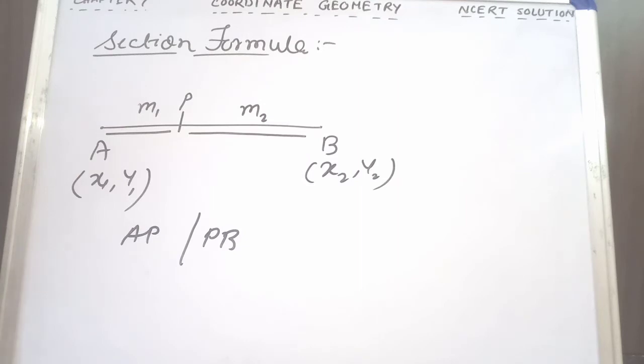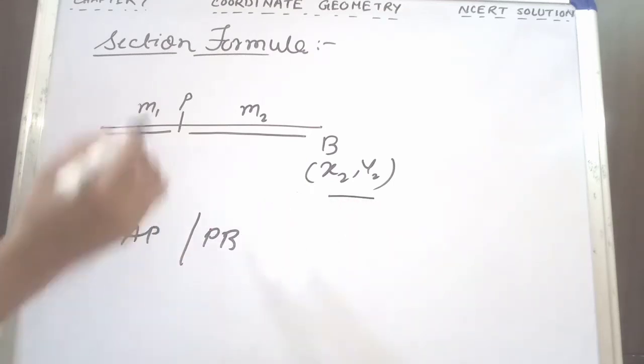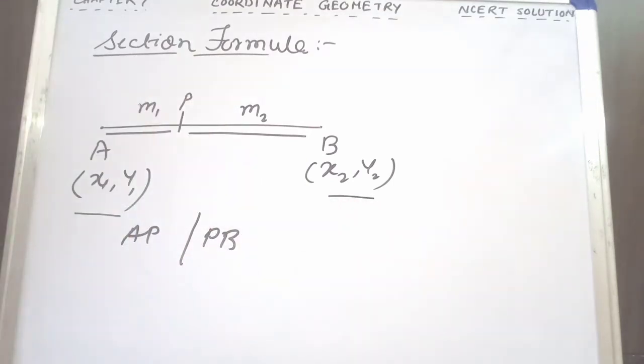Now we have to find the coordinate of P in terms of the given information, which is the coordinate of A, the coordinate of B and the ratio M1 is to M2.